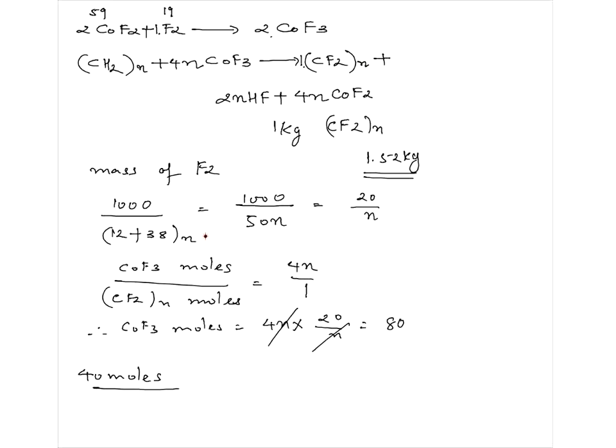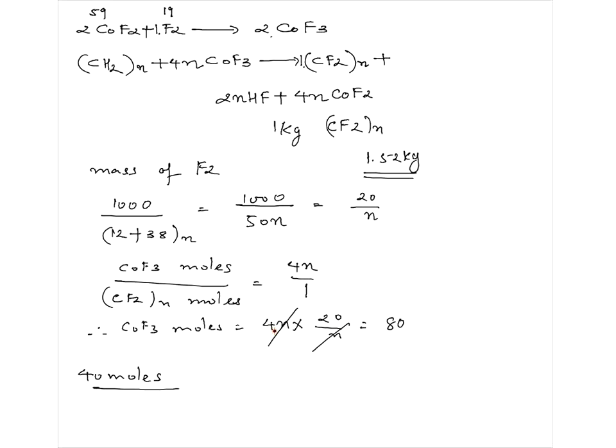So you got moles of this fellow, and that is this much. That becomes 20 by n. That's a short number. 20 by n. Now, whatever moles of this, 4n times are the moles of this fellow. So multiply 20 by n into 4n.